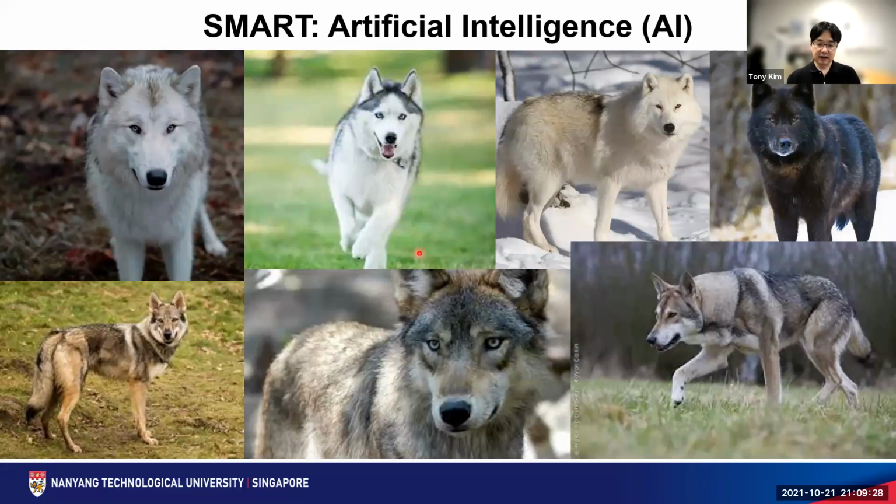But if you have huge amount of images, and if you can train an artificial intelligence with that data set properly, then actually artificial intelligence can tell which of these photos are showing dogs and which are showing wolves. So this artificial intelligence will be quite useful when it is quite difficult for us to explain a certain question using mathematical expressions or using some logics.